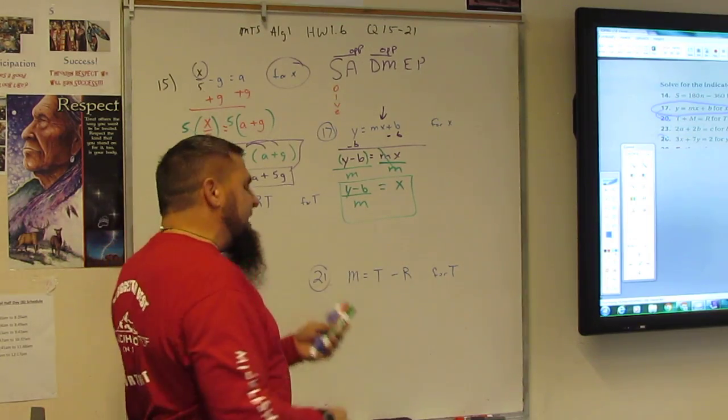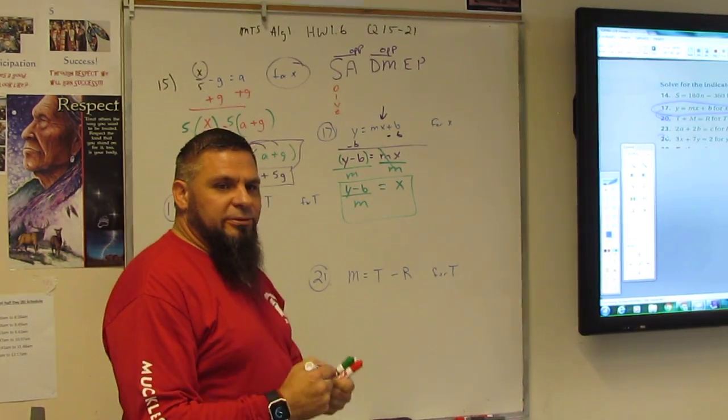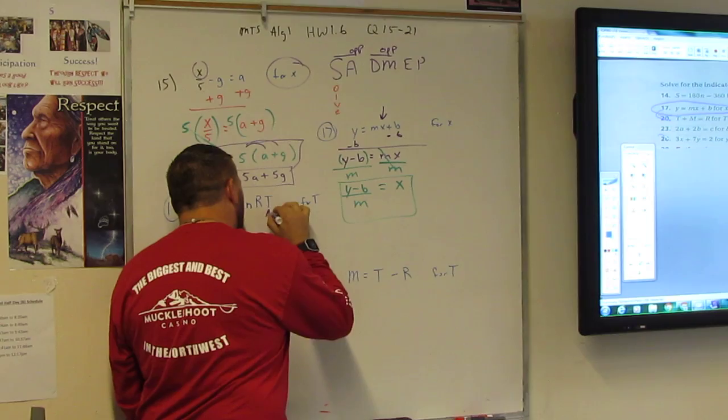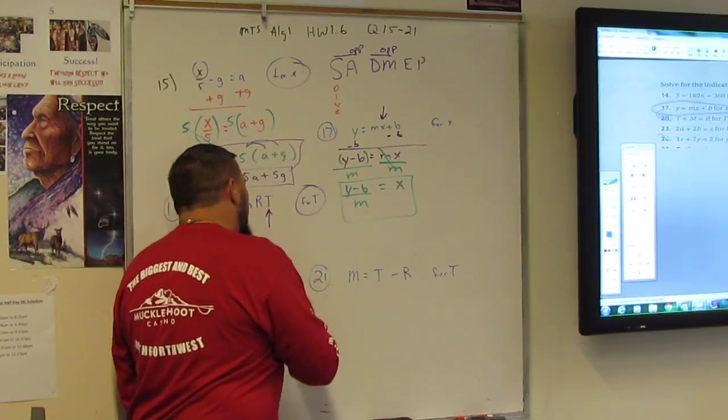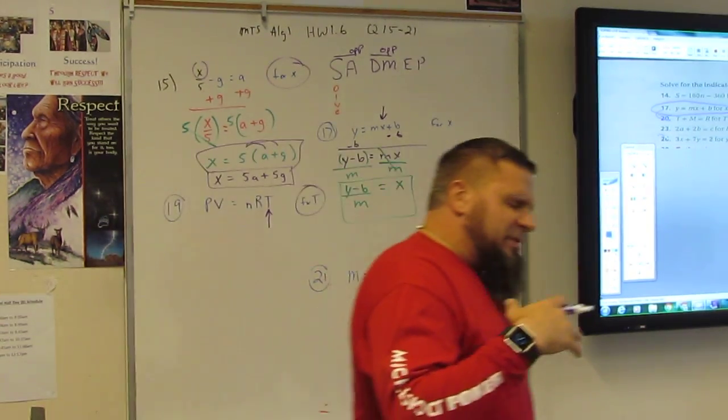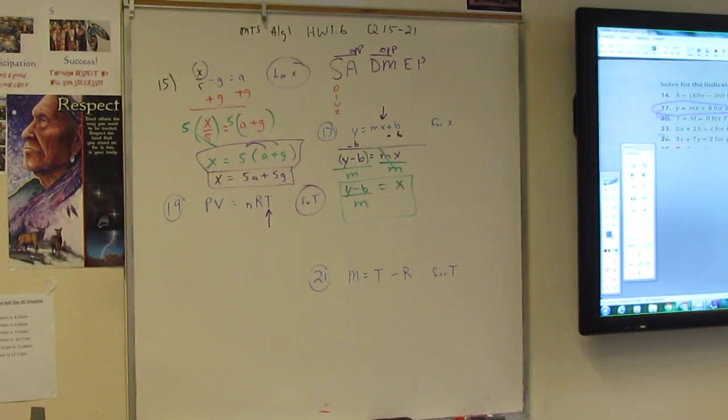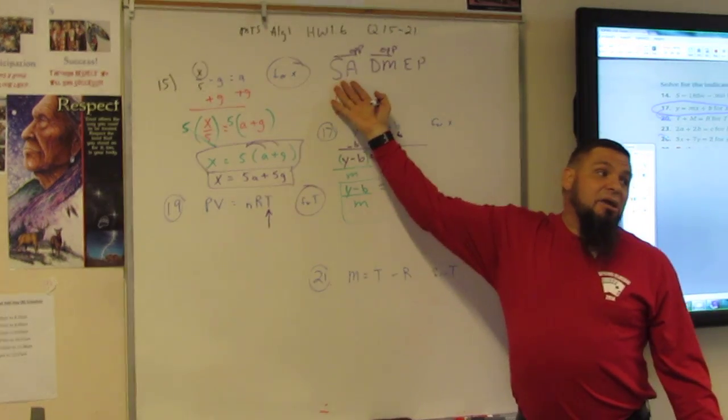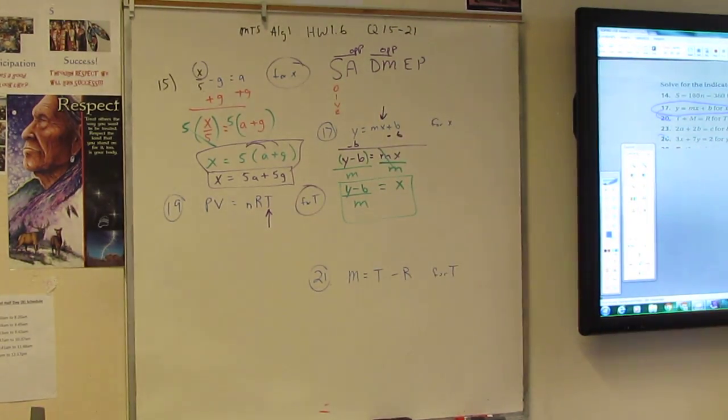Alright, next is number 19. I'm solving for t. This guy right there. Alright? And so, if there's anything adding or subtracting to t, we should get rid of it. Is there anything adding or subtracting to t? No. Well, that's perfect. Then I don't have to do anything for subtraction and addition. I go straight to division and multiplication.